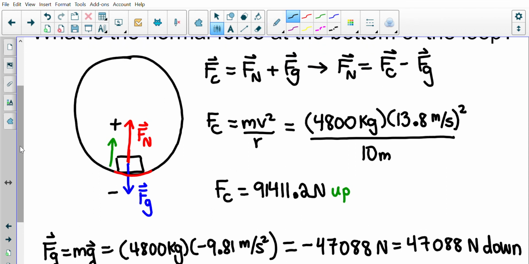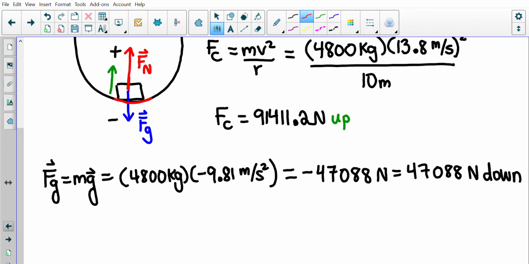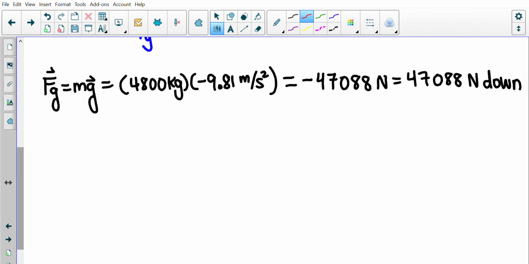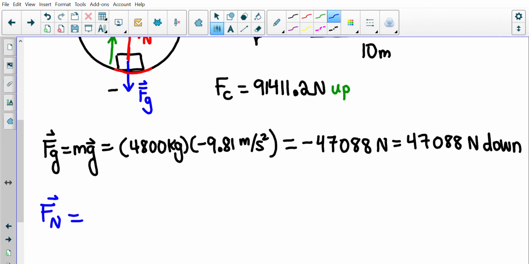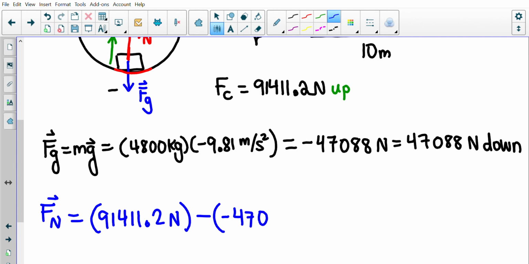Okay, so now we're going to do this step right here that I'm circling. So the normal force is the centripetal force minus the force of gravity. So normal force is the centripetal force, 91411.2 newtons, minus the force of gravity. But because the force of gravity is down, we're making it negative, 47,088.